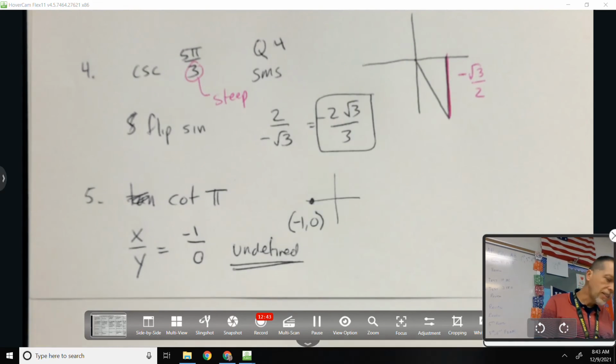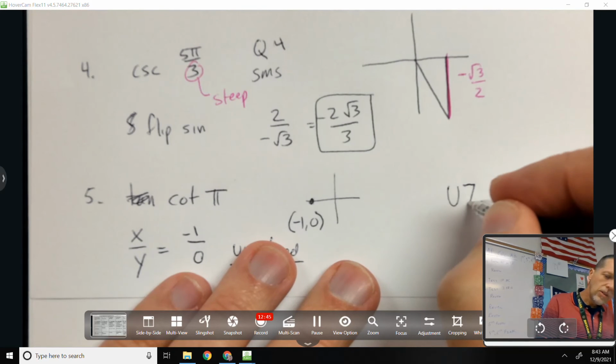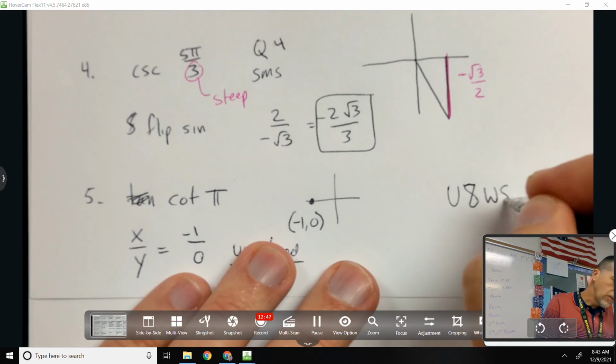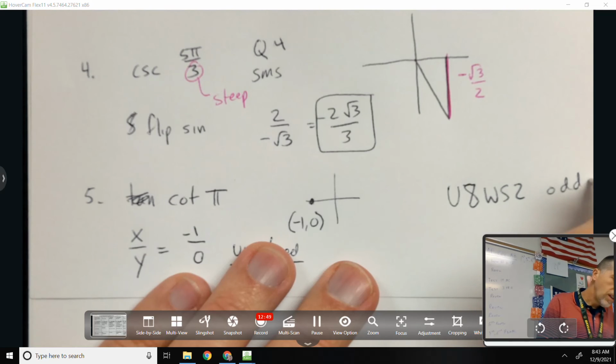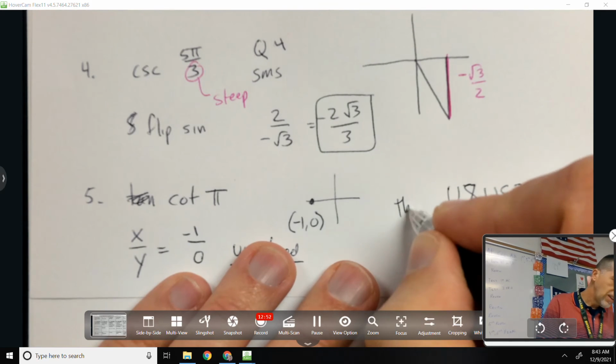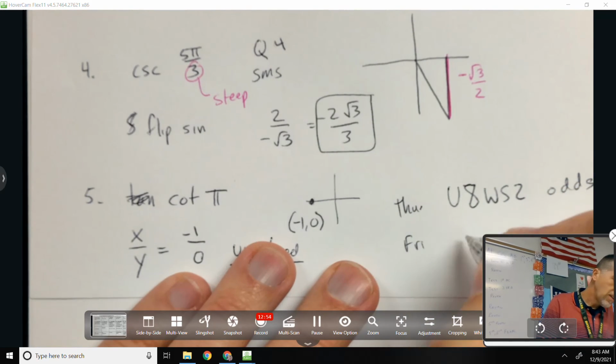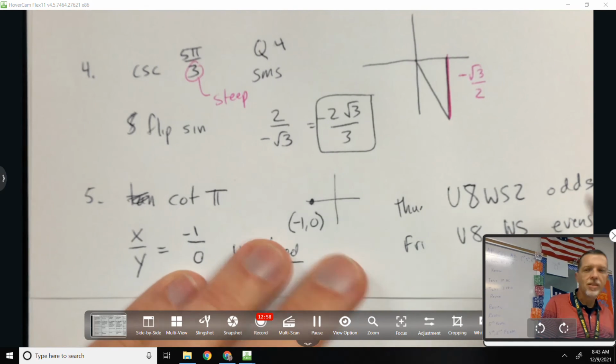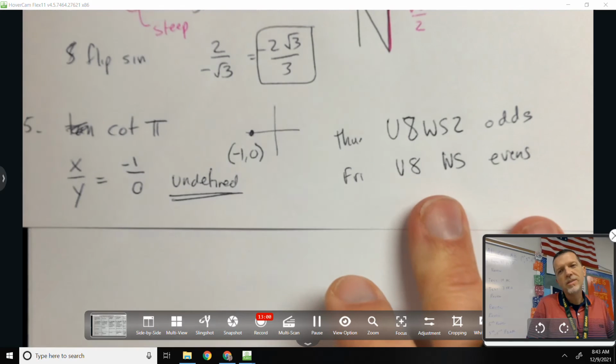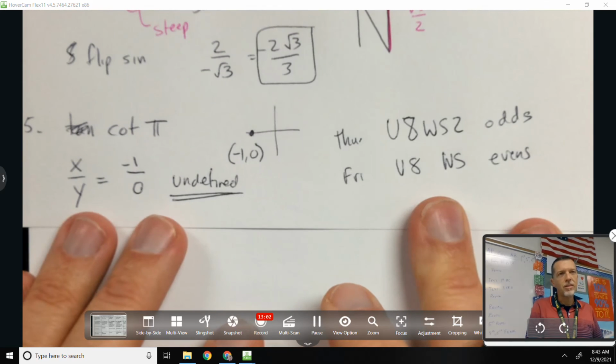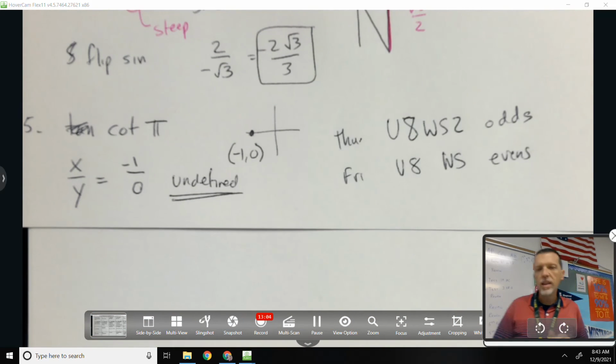All right, today's assignment: Unit 8, Worksheet 2, the odds. Tomorrow's assignment: Unit 8, Worksheet 2, the evens. So between today and tomorrow, finish Worksheet 2 from the packet. Answers are posted up here.